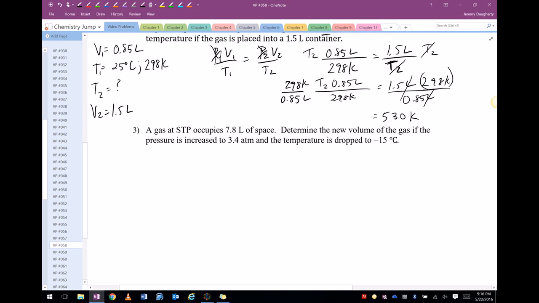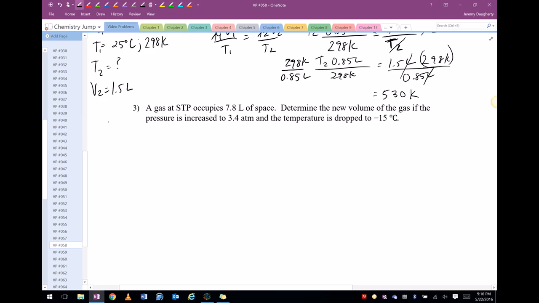All right, number 3, a gas at STP. What's STP? The temperature is 0 degrees Celsius, which is 273 Kelvin. The pressure is 1 atmosphere. And this says it has 7.8 liters of space.